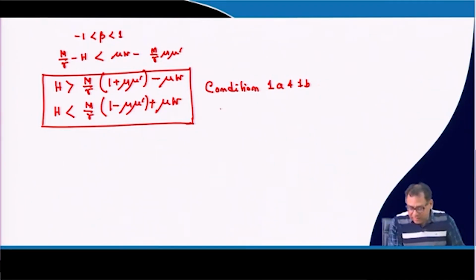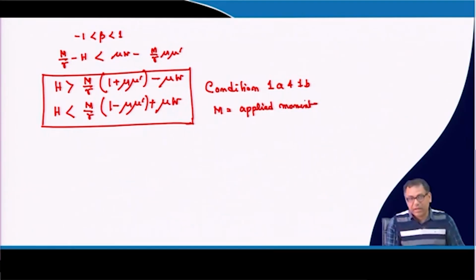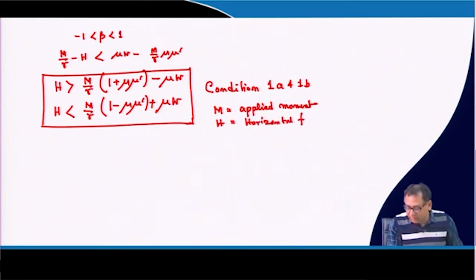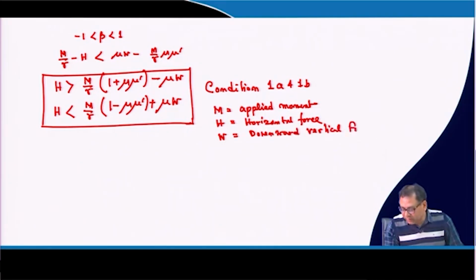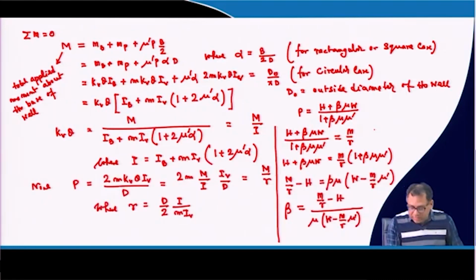So, what is M? M is the applied moment about the base, and H is the horizontal force, and mu are the friction coefficients, W is the downward vertical force, and the r value is given.